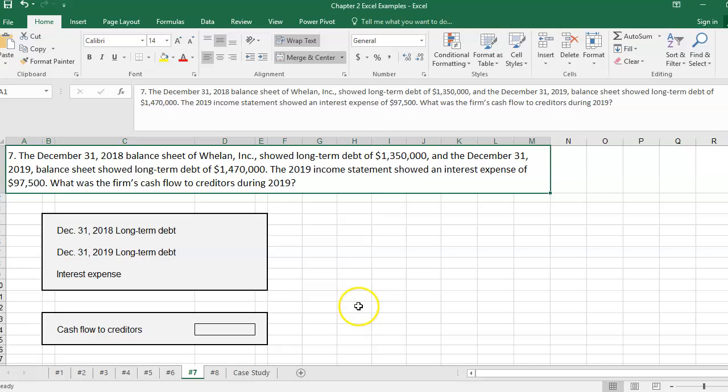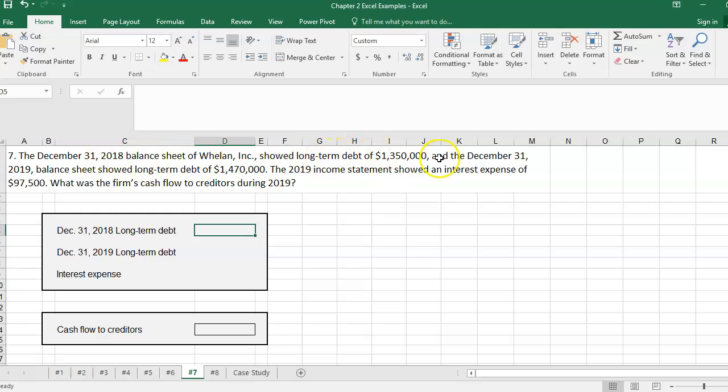Our next example is the cash flow to creditors. Cash flow to creditors is interest paid minus net new borrowing. Net new borrowing is the change in long-term debt. So our long-term debt in 2018 is $1,350,000, and in 2019, $1,470,000, and our interest expense is $97,500.